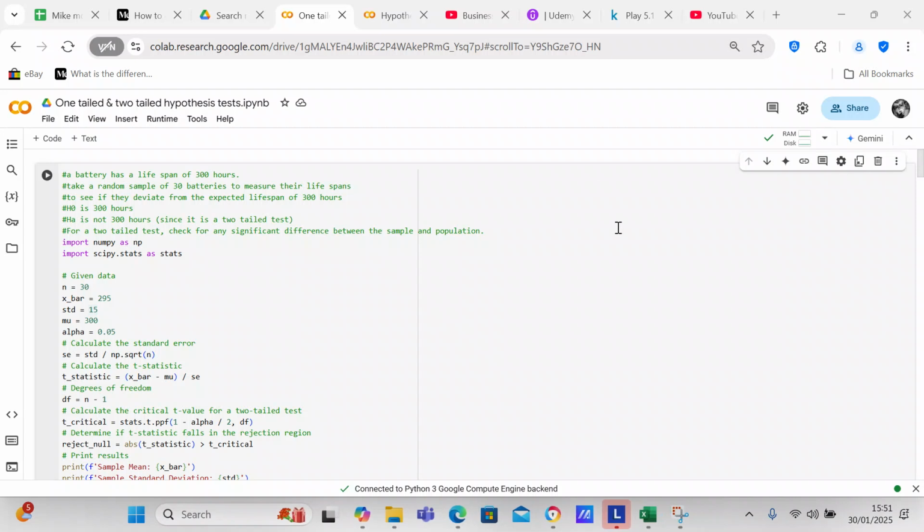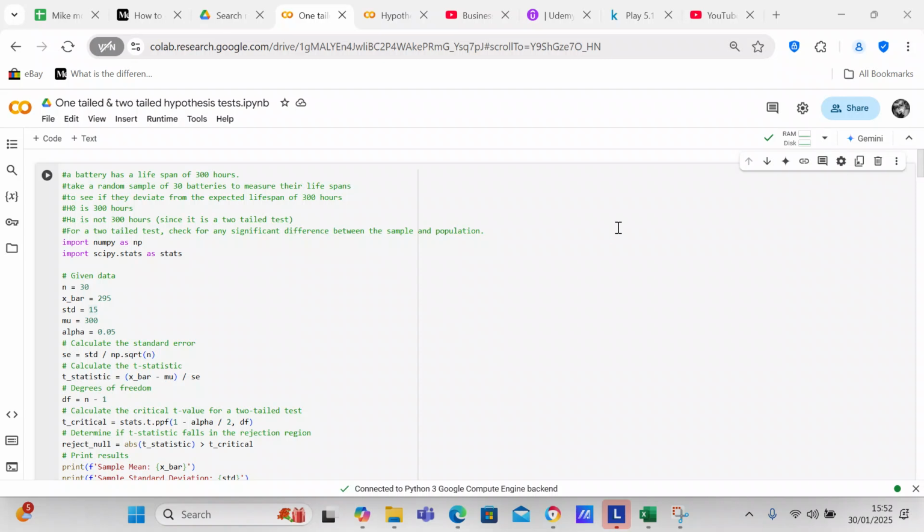Because you have three types of hypothesis test where you calculate the t-statistic. One is a two-sided test, one is a one-sided test right side, and one is a one-sided test left side. And so we need to know when it is appropriate to use each to make the best test.